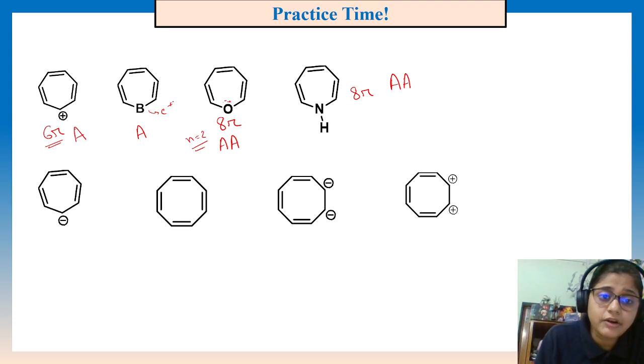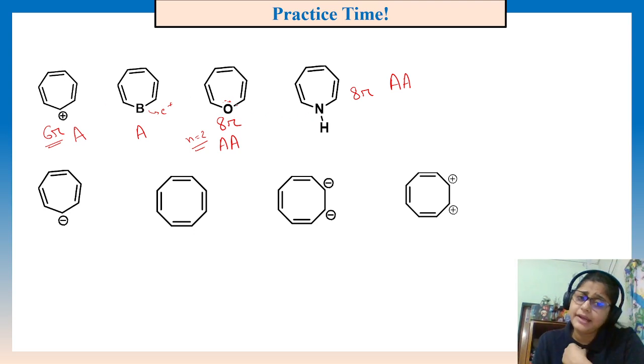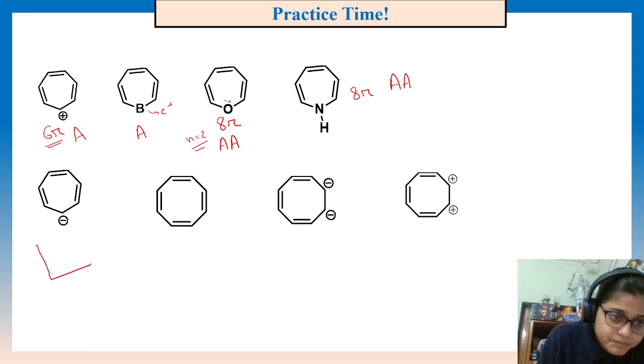So here when heteroatoms are present, this will be anti-aromatic because of 8 pi electrons. But here, 8 pi electrons are there, but only a lone pair is present instead of the heteroatom. In this case, it will take a tub-shaped form, non-planar. I'll try to draw it like this way. 1, 2, 3, 4, 5, 6, 7. Yes, the negative charge is here.